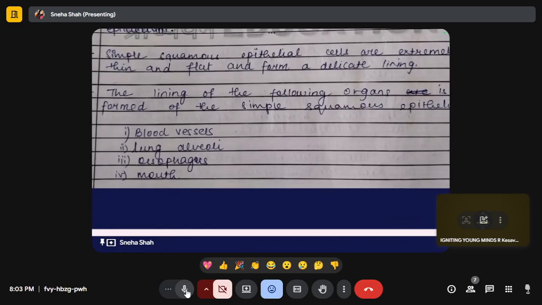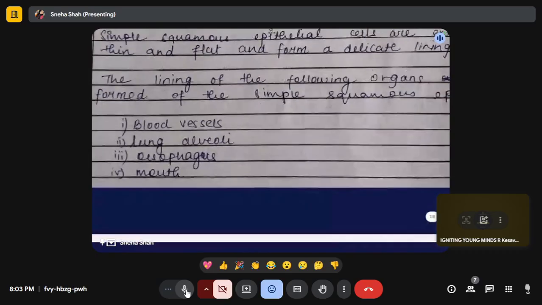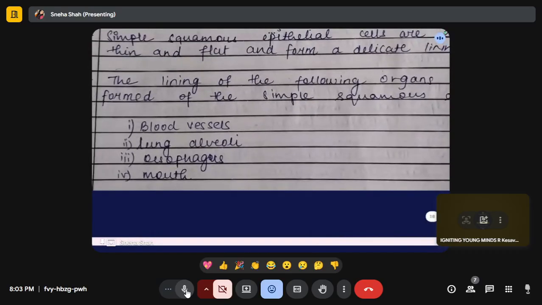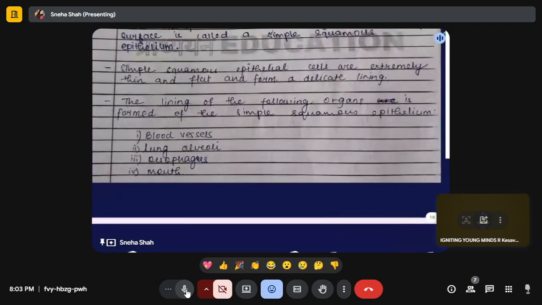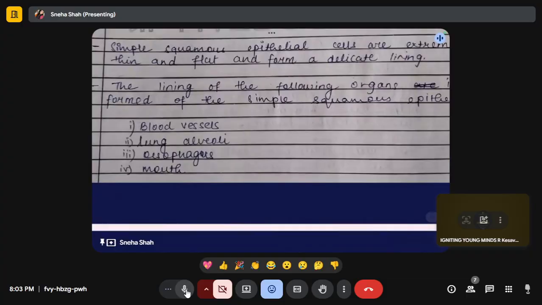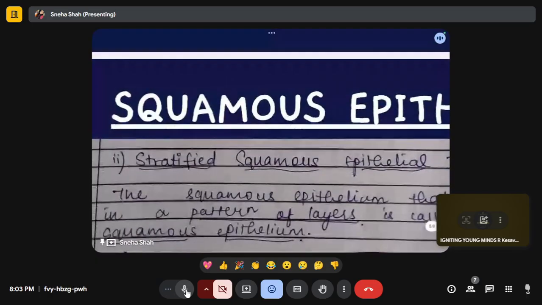What you asked us to do. Okay, what I asked you to do is why the simple squamous tissue, which is a thin layer, a flat surface, is present in these parts of your body: blood vessels, lung alveoli, esophagus, and mouth. And why only in the skin is the stratified squamous epithelium?